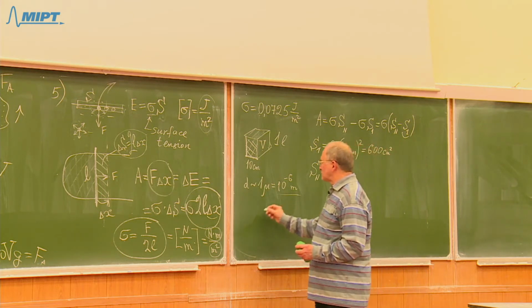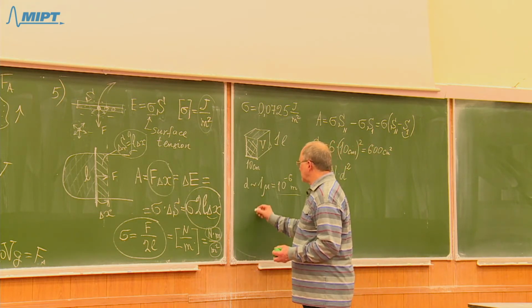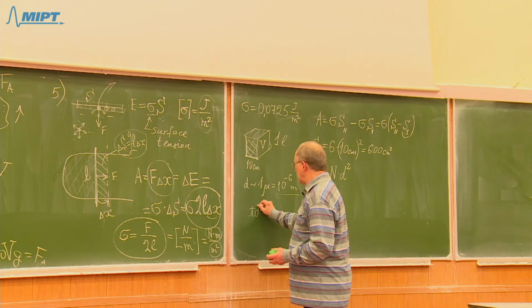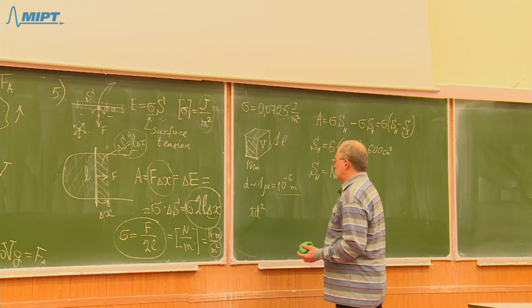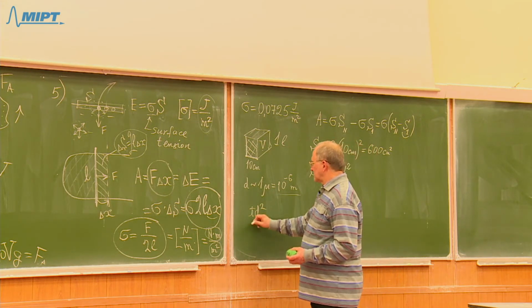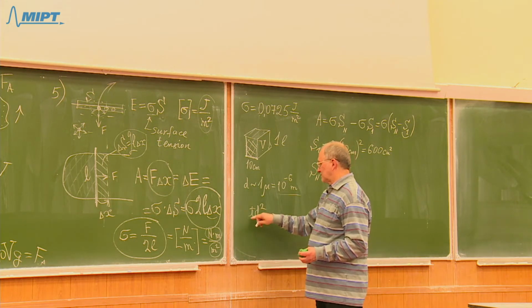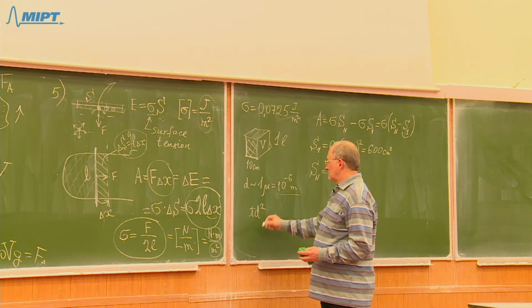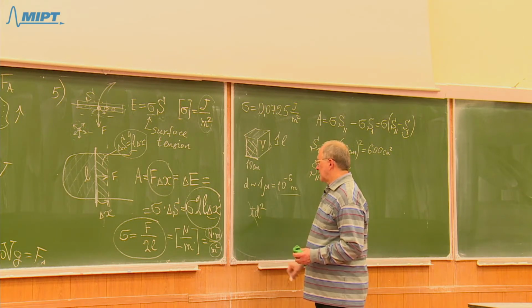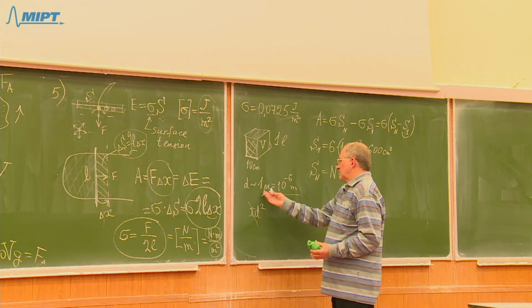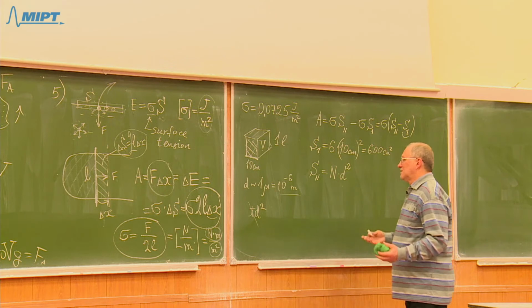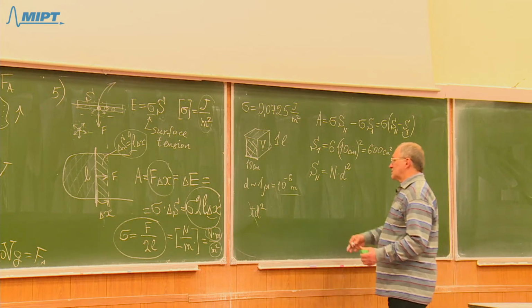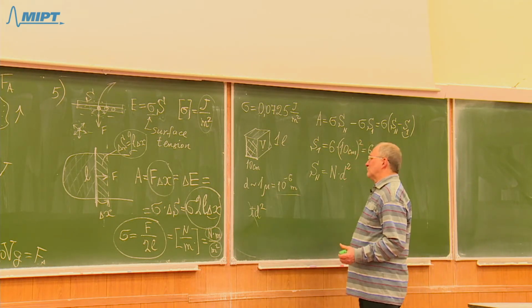Certainly, I can use the formula like pi d squared for the surface area of a single droplet. But this coefficient is senseless because I don't know the exact dimension of each droplet, because it's given just by the order of magnitude.